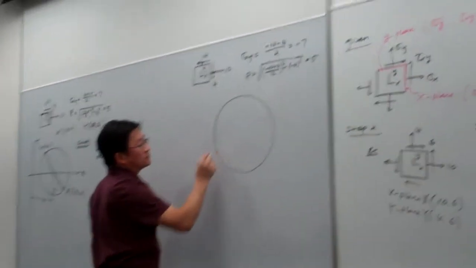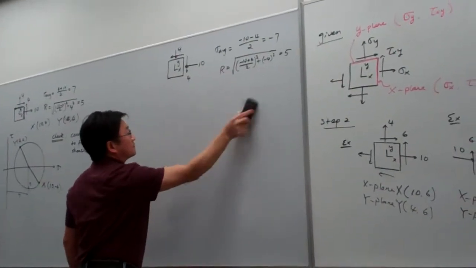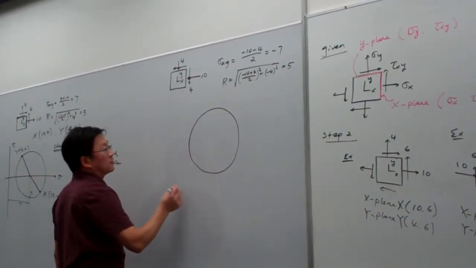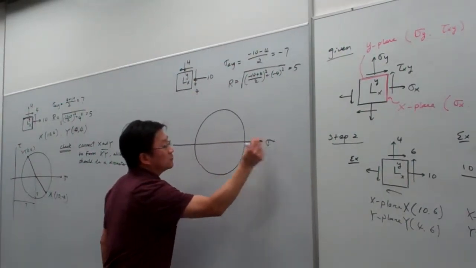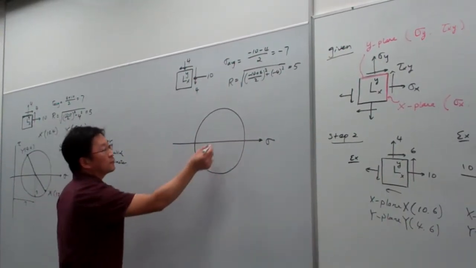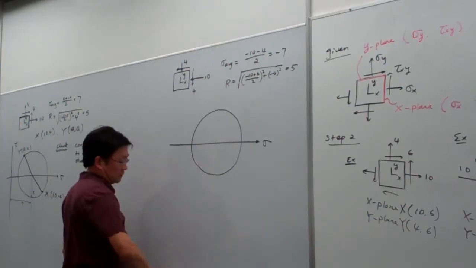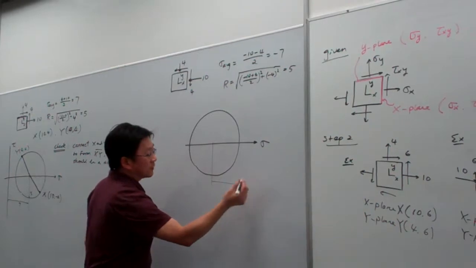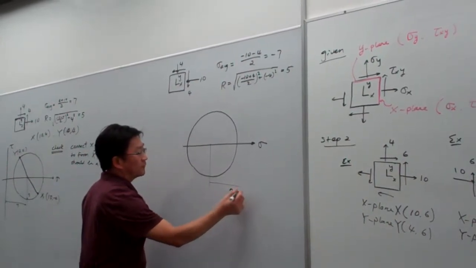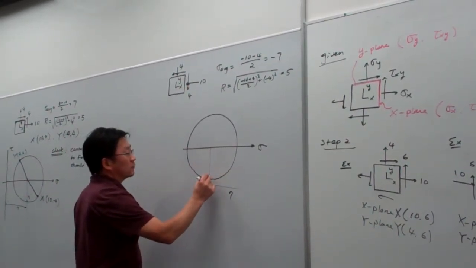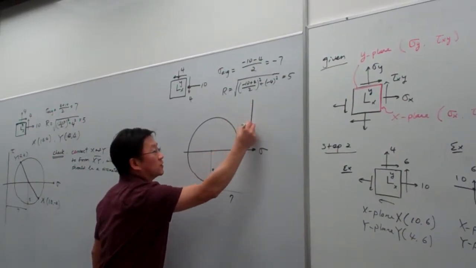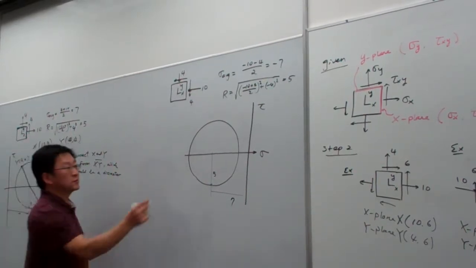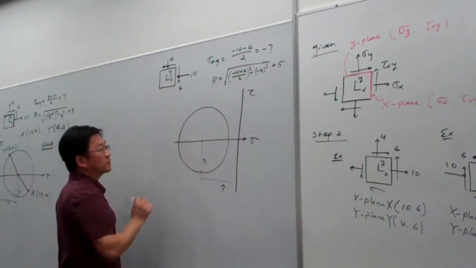So we draw the circle. This is our normal stress axis, and here the average is minus 7, measured 7 to the left, and the radius is equal to 5. Here should be the tau axis, and this point is to the left, so that will be minus 7.